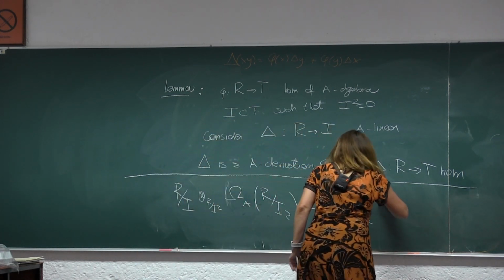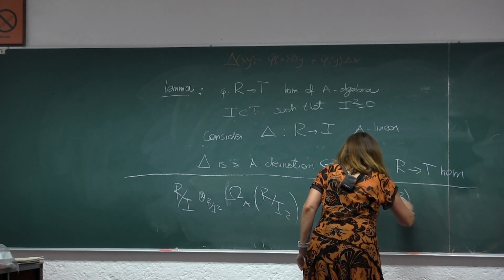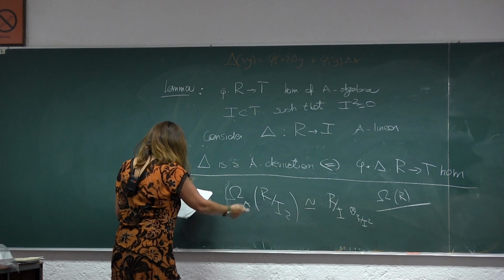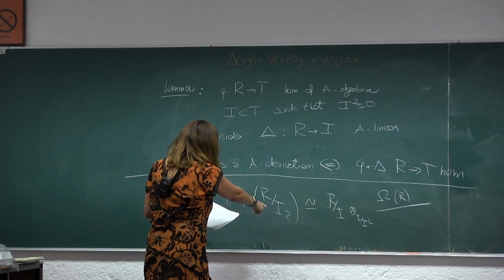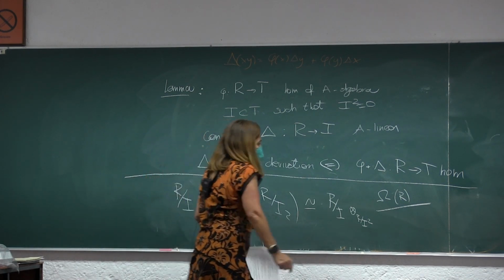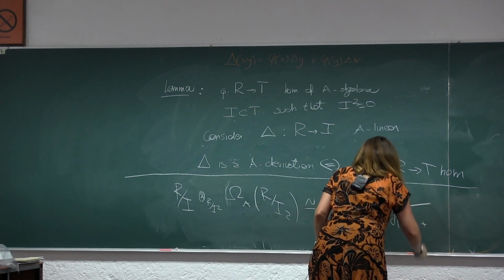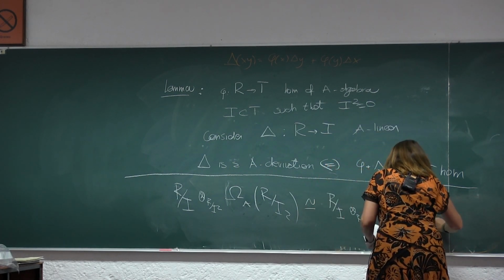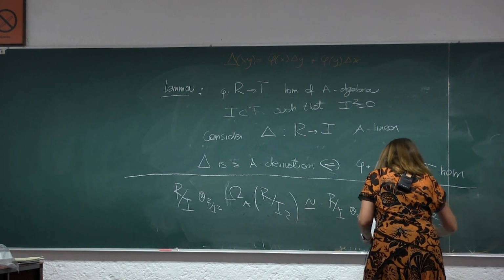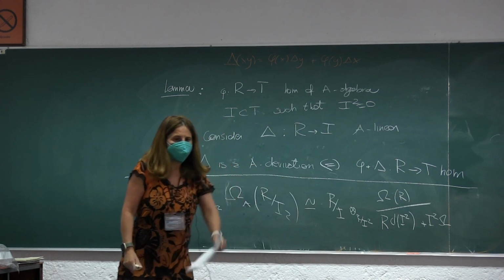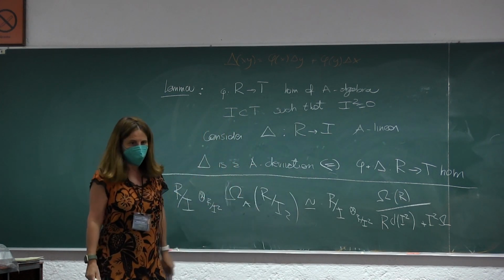So this is the module of differentials of R, modulo what do I have to go modulo? I have to go modulo d of I square plus I square. Remember I dS plus S dI. So this is how I go modulo.